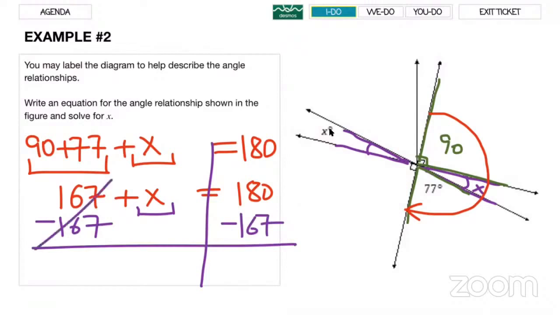So the 167s are cancelled out because it becomes 0, and bring down the variable x, because our job was leaving it alone, and here we go. So the subtraction on the right side would be 180 minus 167, that is 13. Okay, so the measurement for angle x would become 13.